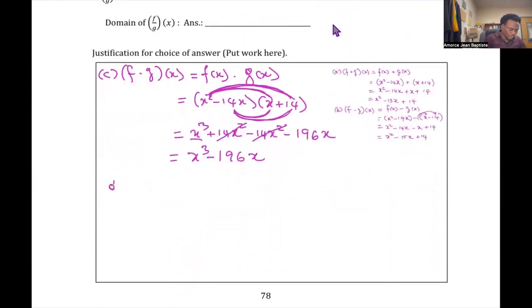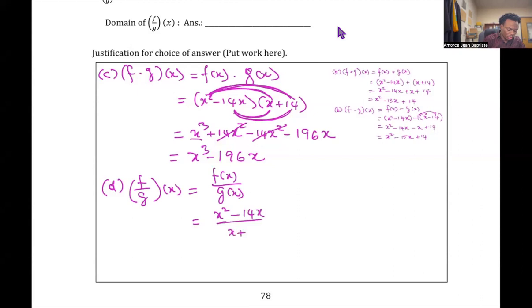And in D, we have f over g of x, that is f of x over g of x, that is x squared minus 14x over x plus 14, under the condition that x plus 14 should not be 0.